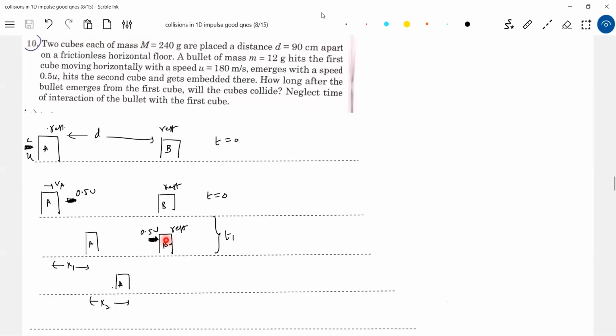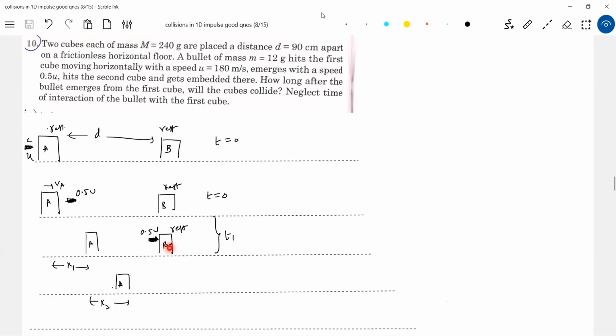That resistive force on block B acts towards the right. So if a force is acting, what is the motion of the bullet and the block when the bullet is moving inside the block? The bullet will have retarding motion, block B will have accelerated motion, not uniform velocity motion.